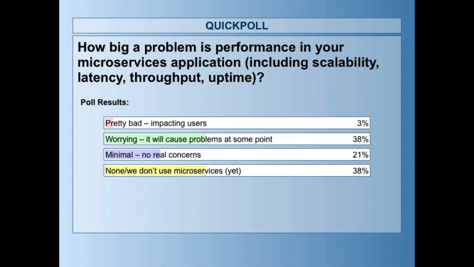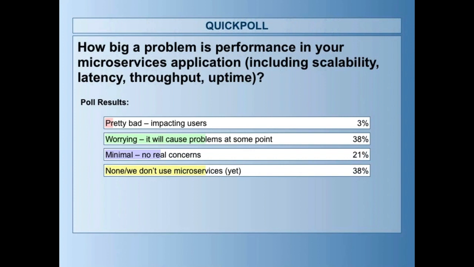So let's see. Oh, excellent. We got some results in. So it looks like the majority of people are worried that it will be a problem at some point, but not too bad at this point. So that's good to hear. It seems like you're able to address some level of the problems that are happening.